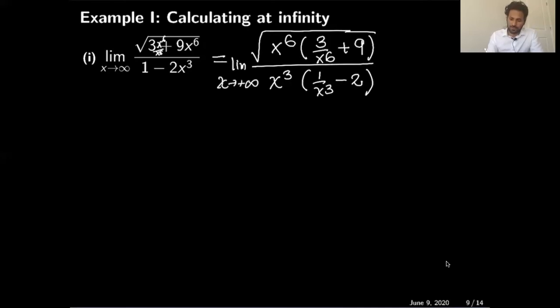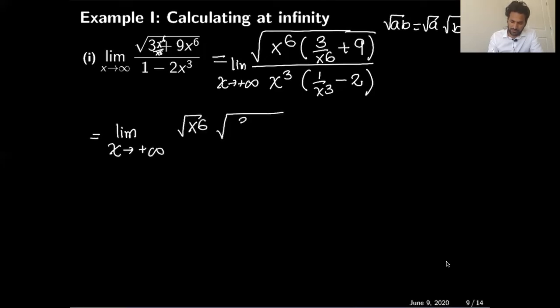Now we will use the property that the square root of a times b is equal to the square root of a times the square root of b. Therefore, this will be the limit as x approaches plus infinity of the square root of x to the power 6 times the square root of (3 over x to the power 6 plus 9), divided by x to the power 3 times (1 over x cube minus 2).